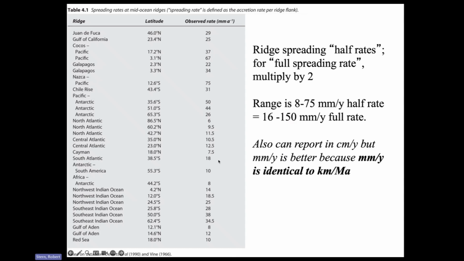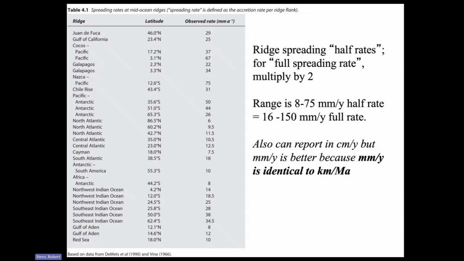They vary a lot. Pacific, we'll see over and over again, is the fastest spreading. Oh, wait a minute. There we go. Oh, that's Pacific too. That's East Pacific Rise. And very slower spreading in the Atlantic and in the Indian.